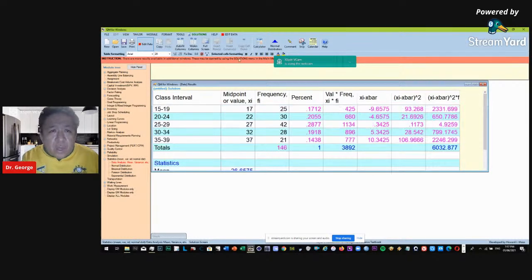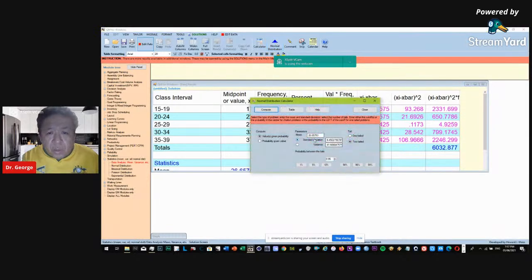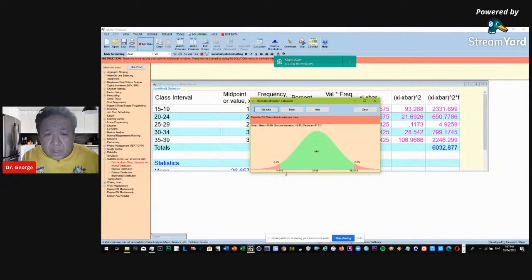If you want to look at the normal distribution, the mean is 26, with the standard deviation, and you want to be 95% sure, then it looks like this. So it's 95%, 14 years old to 39. Of course, there's no 14 years old in our list, and as I said, this is because of the normal distribution.